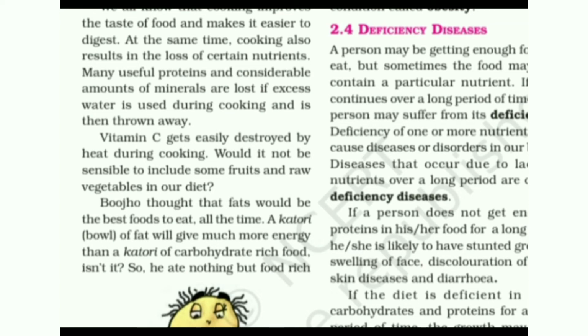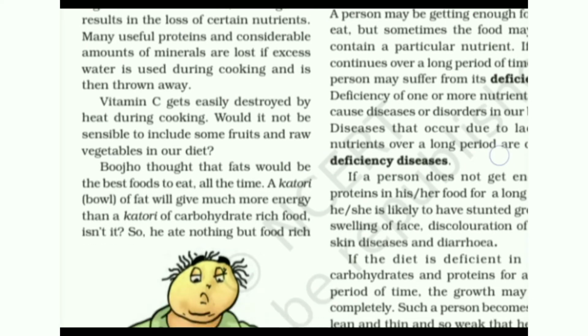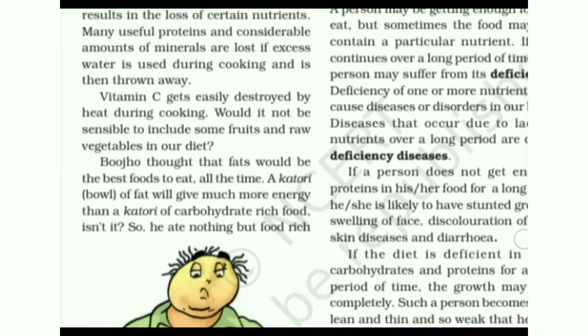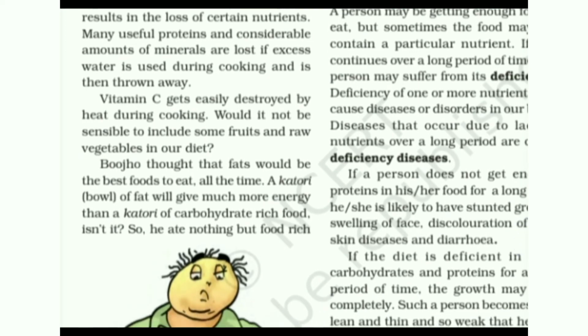We all know that cooking improves the taste of food and makes it easier to digest. At the same time, cooking also results in the loss of certain nutrients. Many useful proteins and considerable amounts of minerals are lost if excess water is used during cooking and is then thrown away, right?